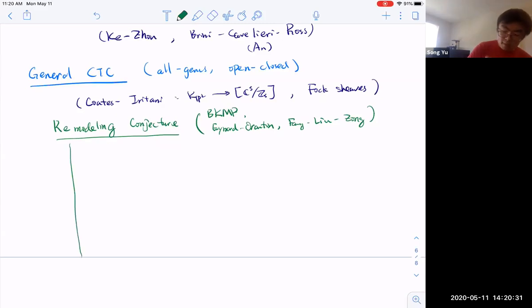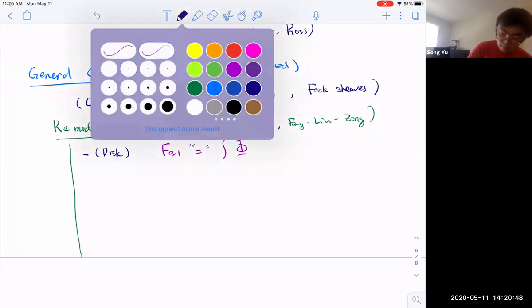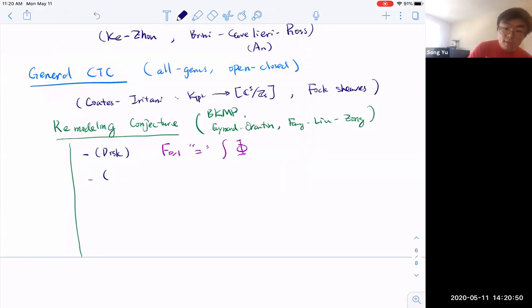So let me write down the statement in multiple components. First of all, it subsumes the mirror theorem, where F01 is, roughly speaking, the integral of the Liouville form. And also the annulus: here g is 0, but we have an additional boundary component, so n is 2.